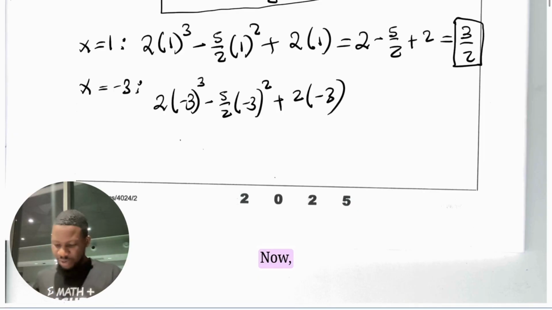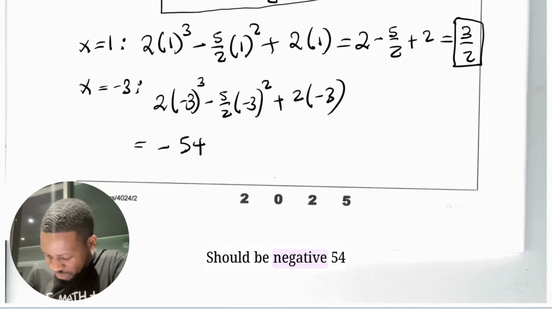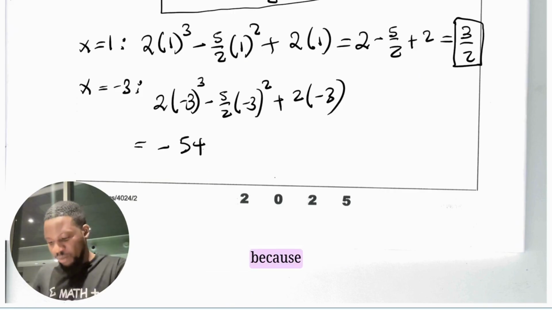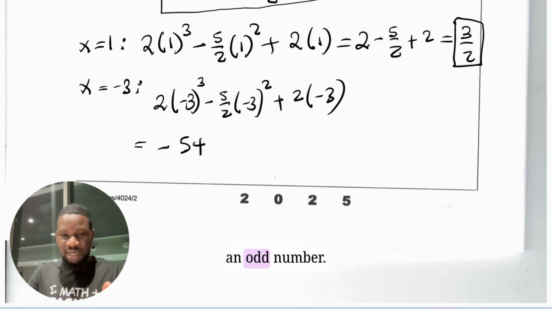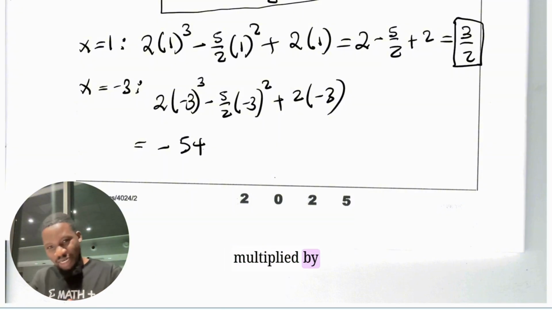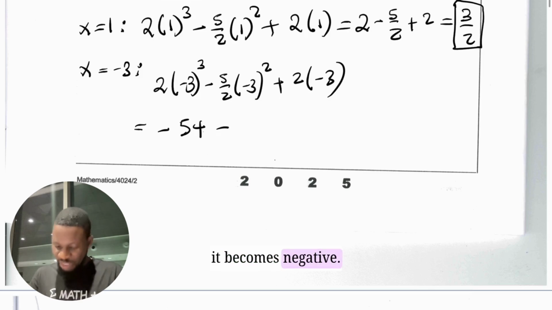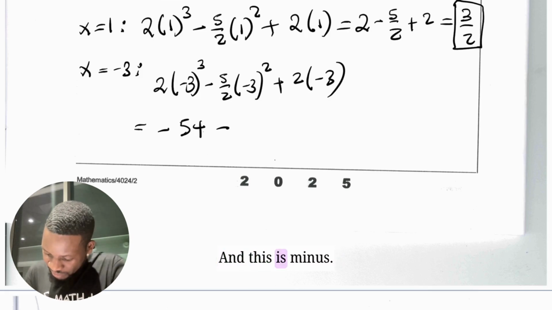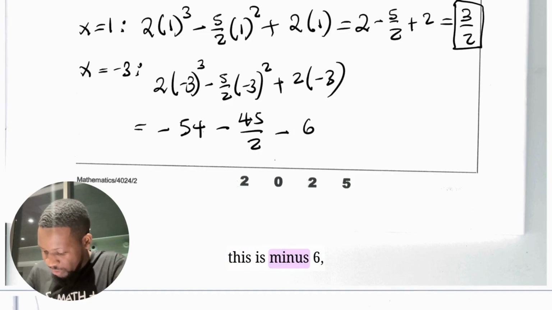Okay? Now I'm going to just simplify this. This gives me, should be -54, because the exponent on -3 is an odd number. So -3 multiplied by -3 is positive. Multiplied by -3, it becomes negative. And this is minus, should be minus 45 over 2. And this is minus 6.